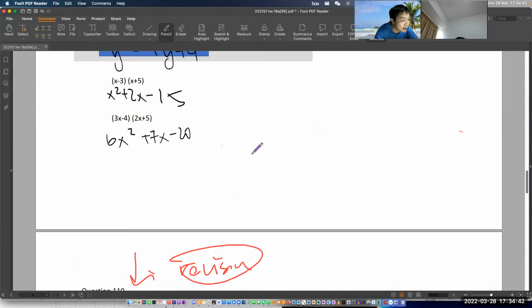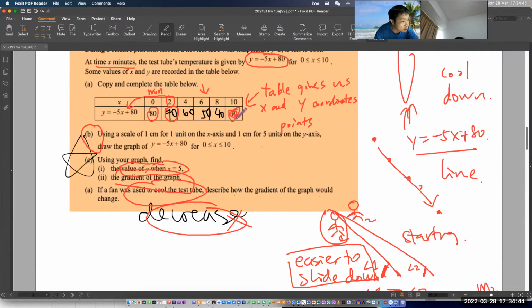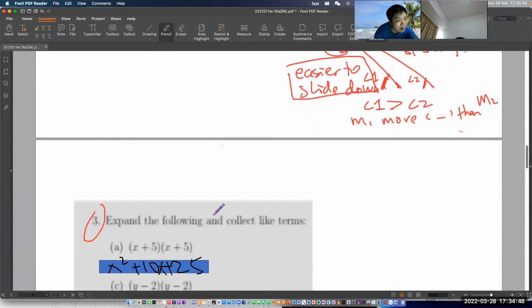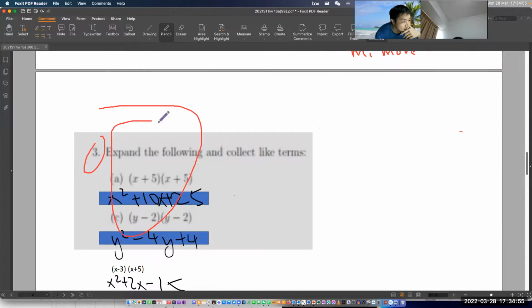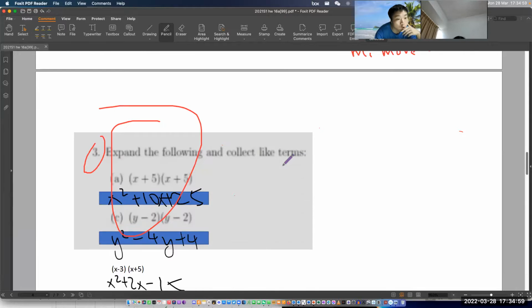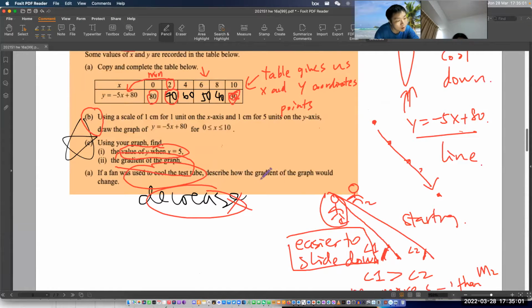Right now, we will try to focus on the graph. You must be wondering why I still give you algebra, because some of the students want to have some practice as well. So I just give this algebra as some additional work, but ultimately we will focus on this graph.